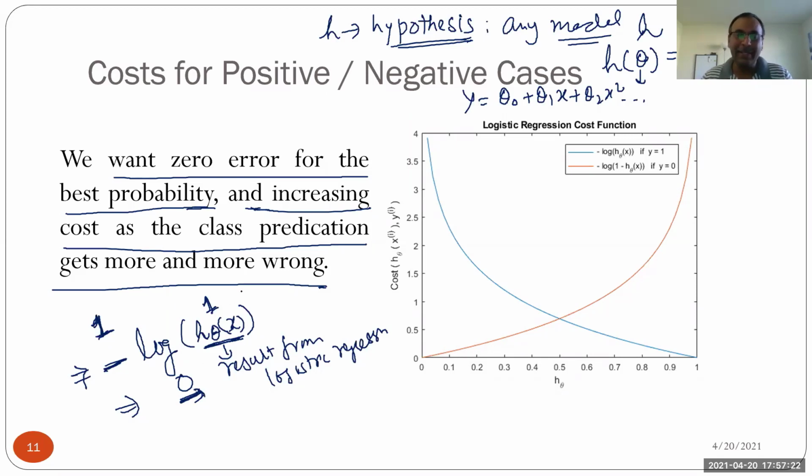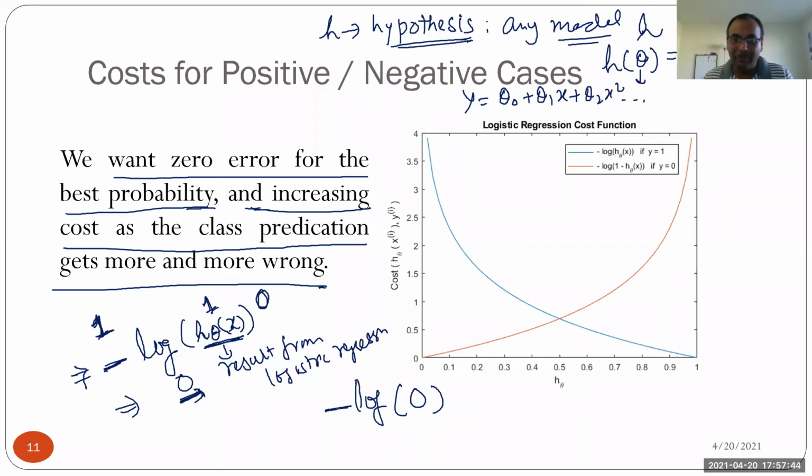Now let's think about the other extreme where the data was positive. The data had the label 1, but the logistic regression gave a 0. So here we need to find out the cost when minus log h theta x is giving me a 0. That's what my logistic regression is doing.